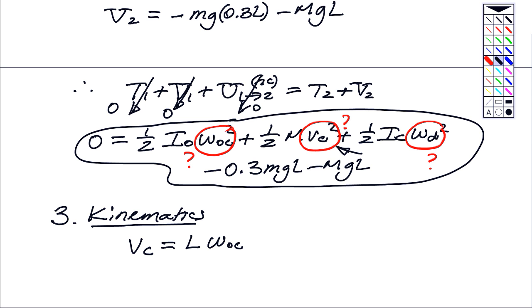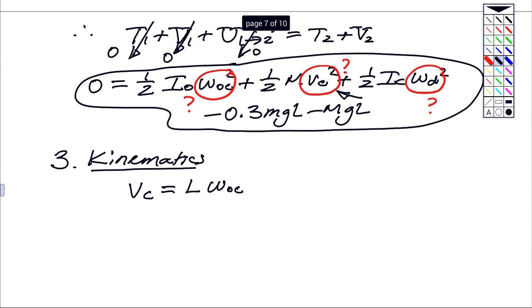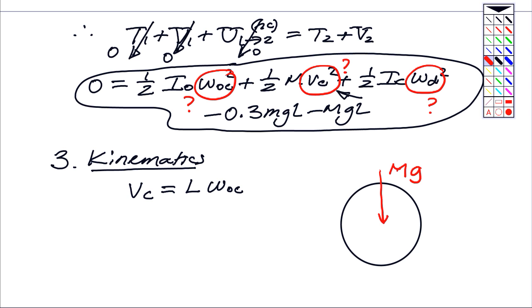But the other one here, what is omega_D? Well, if we draw a free body diagram of the disk by itself, the forces acting on it are the weight mg and some reaction forces from the bar, which we'll call Cx and Cy. The point is that all these forces act through the center of the disk.